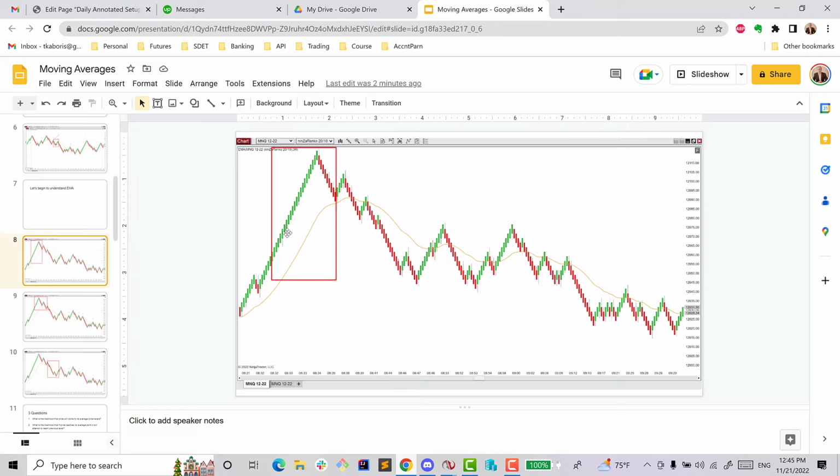If you look at this price bounce, it is marked by this gold line EMA, and it takes into consideration these 34 bars. It takes this low and this high and calculates the average. Same thing here.